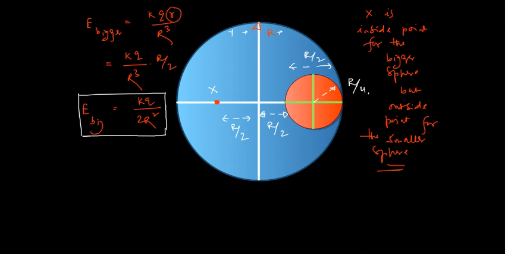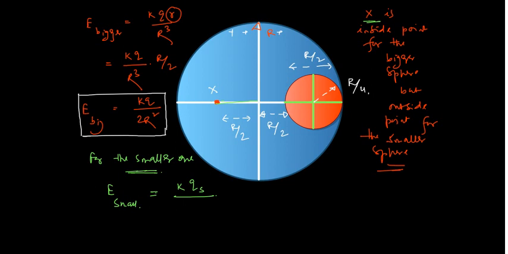Now let us consider the smaller one. For the smaller one, this is an outside point, so E due to smaller, X पे निकाल रहे हैं both. E due to smaller will be equal to K into Q small divided by distance squared. कितना है भाई? फटाक से पता कर लेते हैं. This is R by 2.